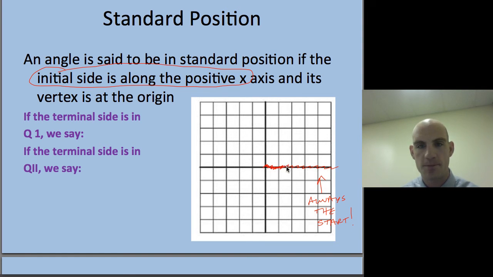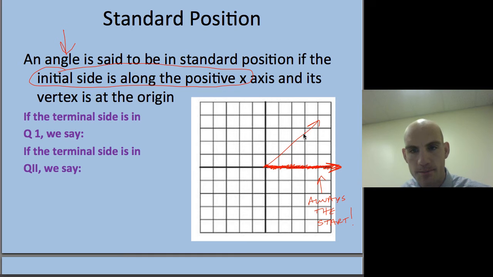It looks like this. A standard position angle, we're talking about an angle here, so it's going to have 2 sides. The initial side is always going to be the positive x-axis. And if I draw the second line up this way, the angle is going to look something like this.